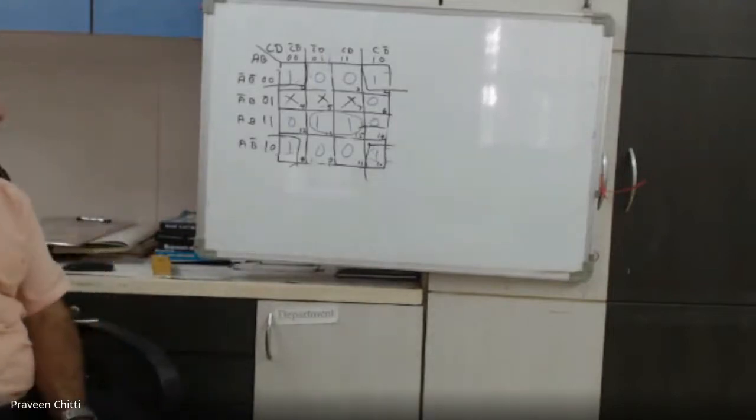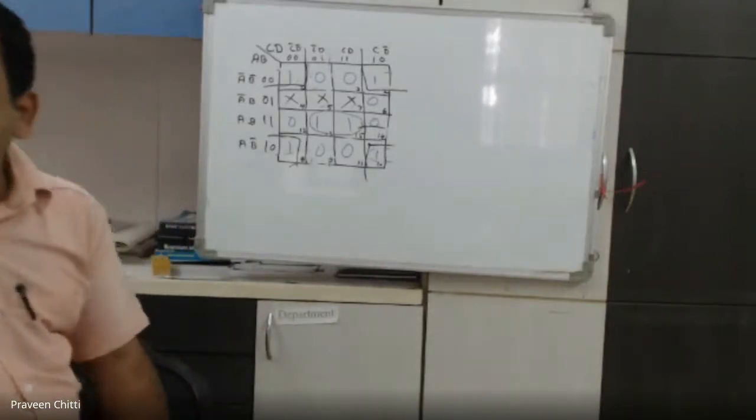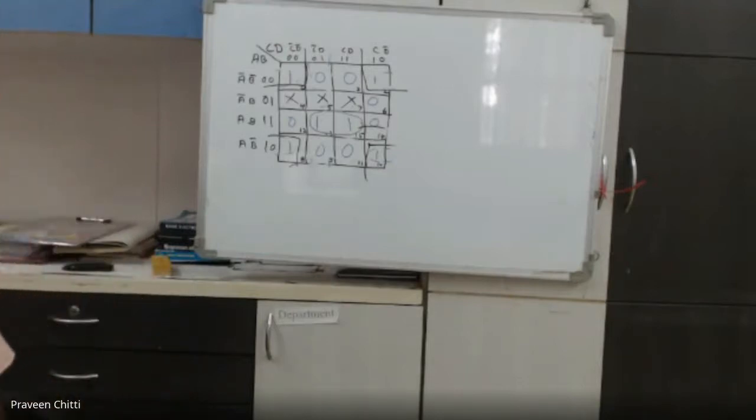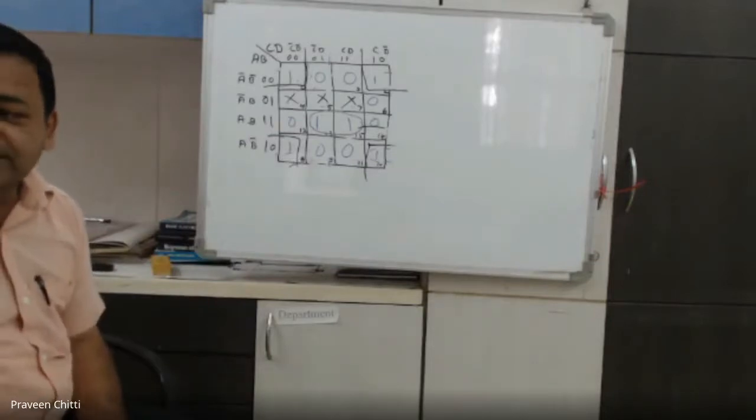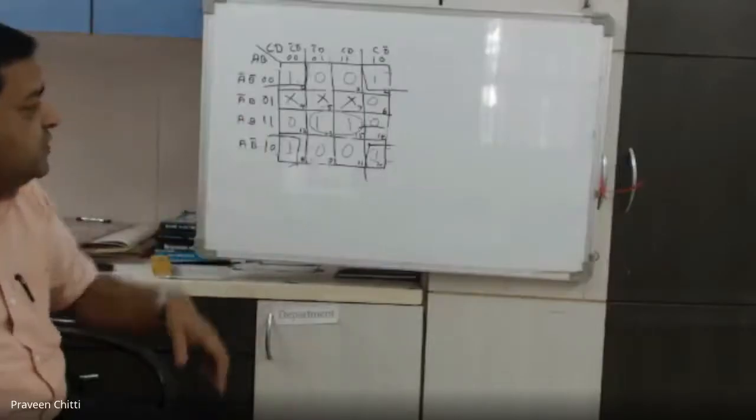Now this is the given K-map. How should we do the grouping? Can anybody help me in forming the groups? Yes, Daneshwari? How can I form the groups here now?